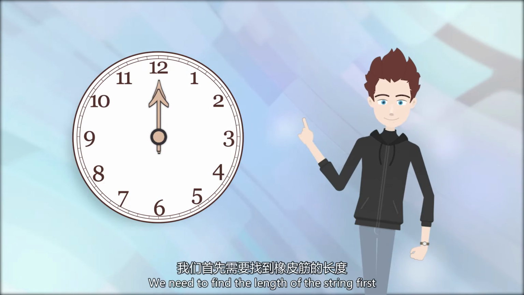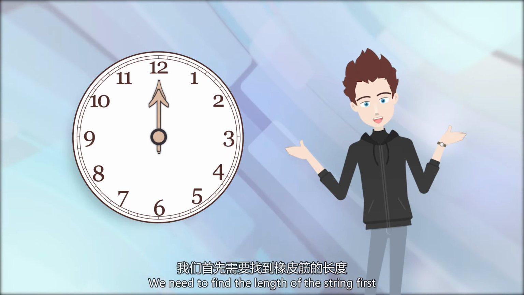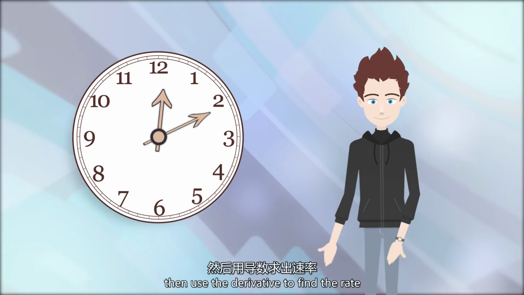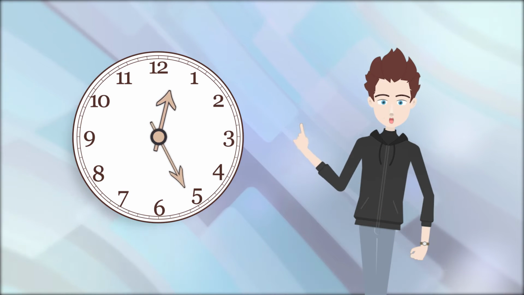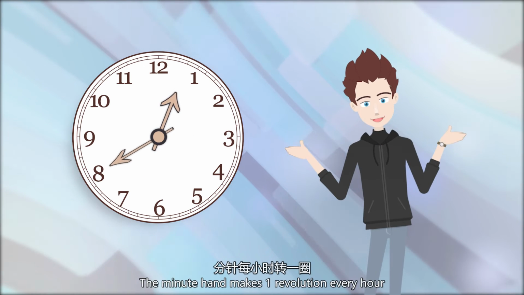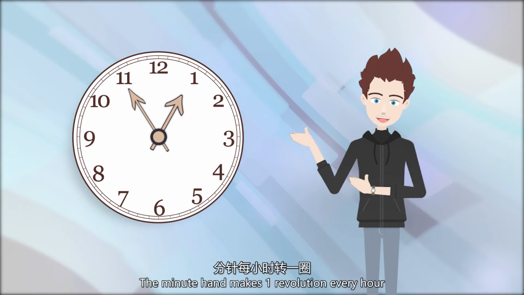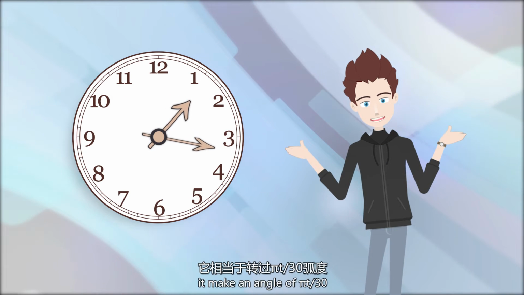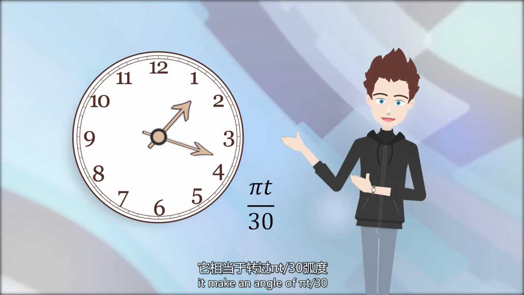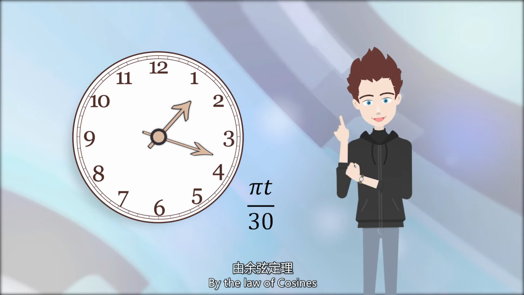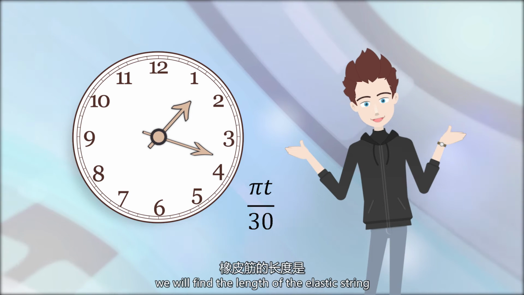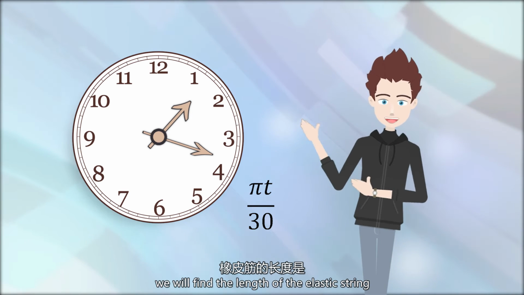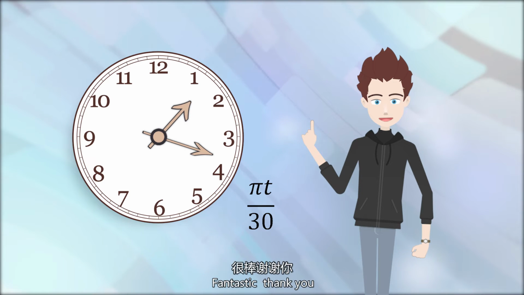Jack, please. We need to find the length of the string first, then use the derivative to find the rate. The minute hand makes 1 revolution every hour, so at t minutes after the hour, it makes an angle of pi t over 30. By the law of cosines, we will find the length of the elastic string. Fantastic!